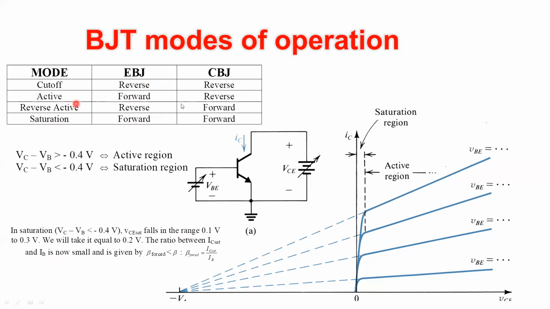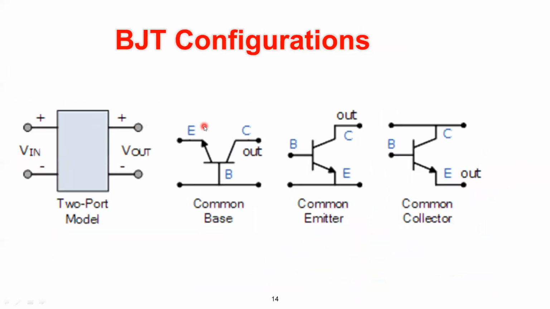And there is a fourth mode which is out of our interest, the reverse active mode. After that, we showed the three main configurations for the BJT: common base, common emitter, or common collector. And we said that the common emitter is the most famous configuration for a BJT.